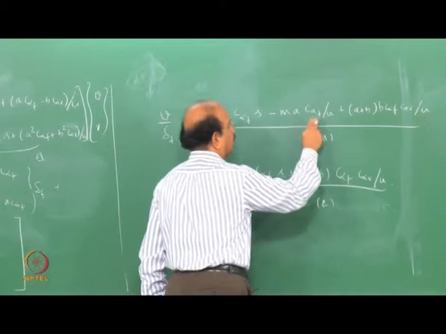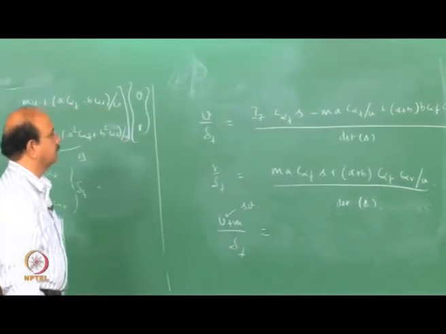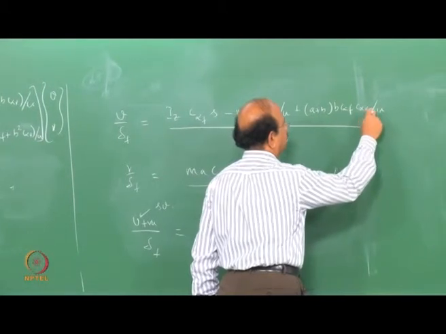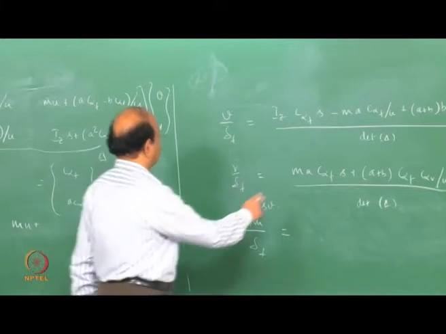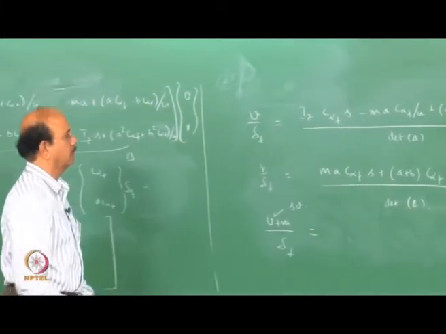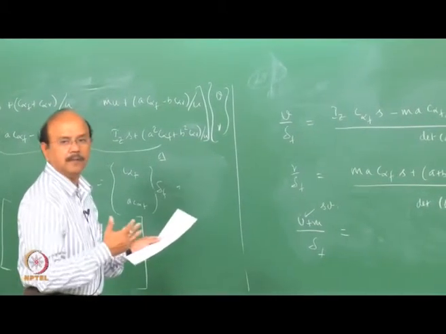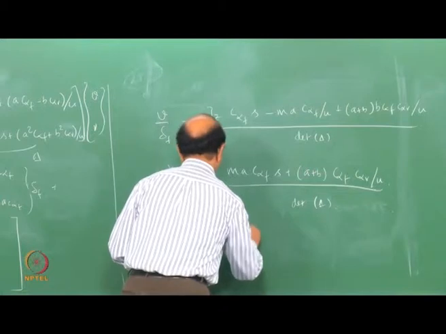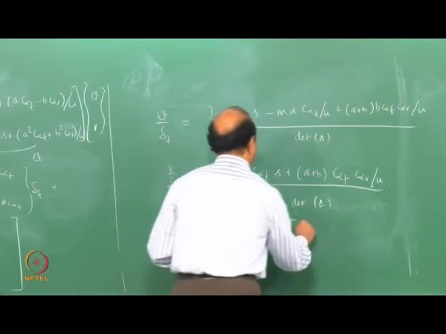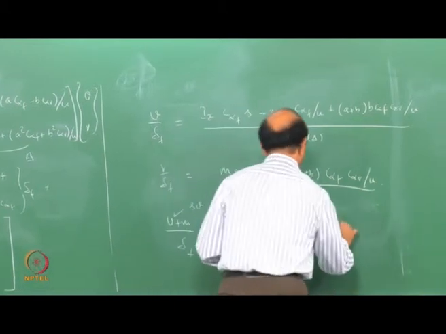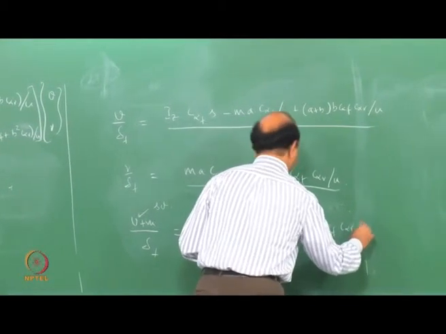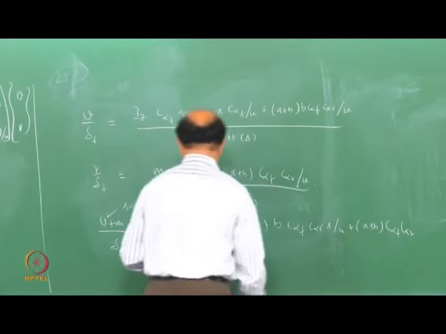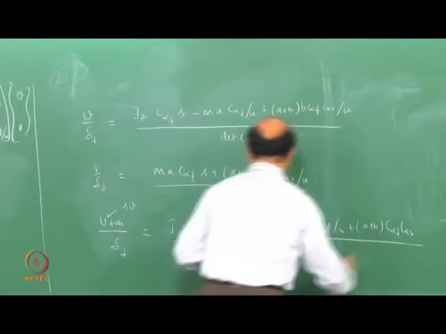M A C alpha F by U into S, plus A plus B, B C alpha F C alpha R into S divided by U. Here R into U. So you would ultimately get an expression of this form: Iz C alpha F S squared plus A plus B into B C alpha F C alpha R S divided by U plus A plus B C alpha F C alpha R, the whole thing divided by the determinant of delta.